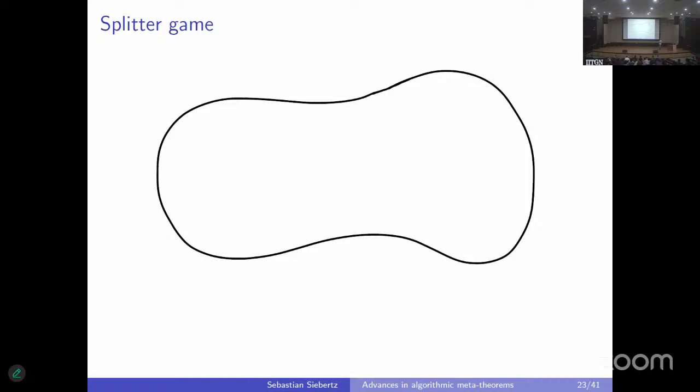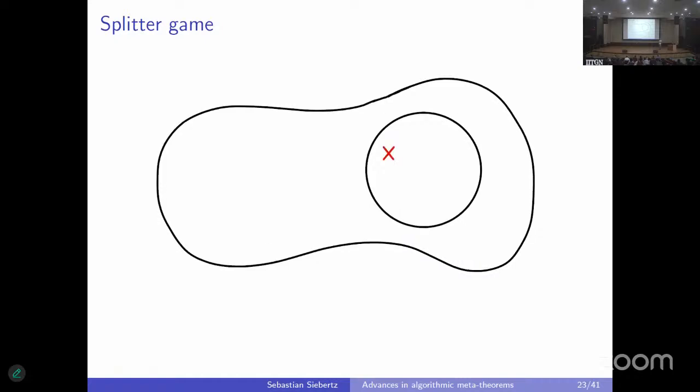So we look at all neighborhoods. It looks really complicated. Connector says, look at this neighborhood, this is super complicated. But Splitter says, let me delete one vertex, I kick out this vertex. Now it is simple. Connector says, no, look at this neighborhood, it's still complicated.